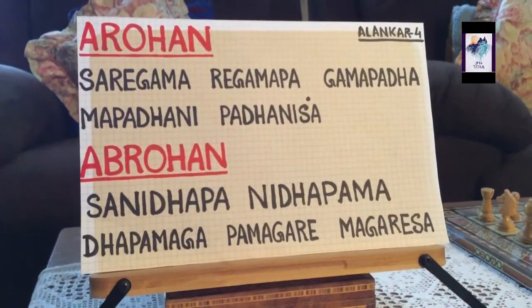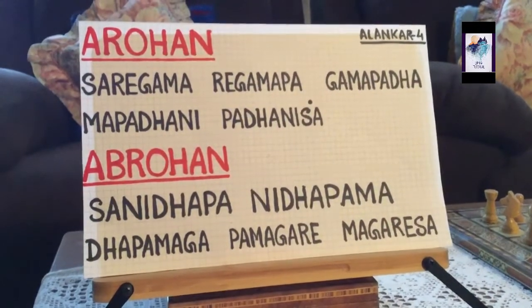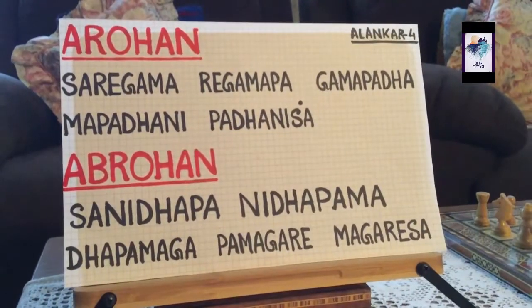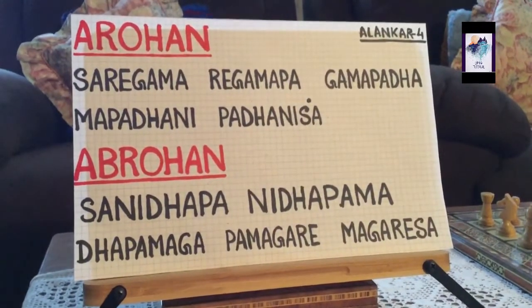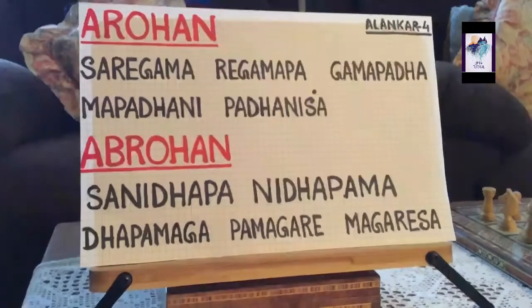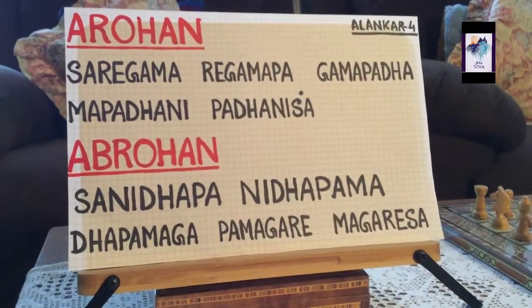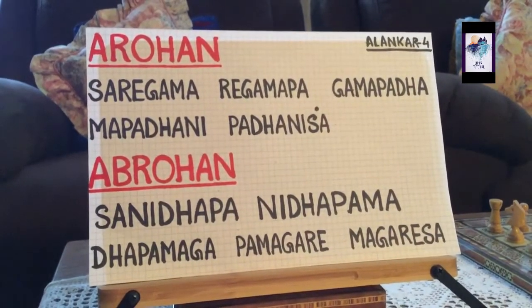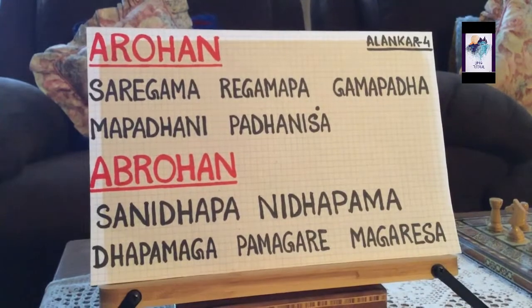What are the mistakes? Find out. Sa re ga ma, re ga ma pa dha ni sa. Sa ni dha pa, ni dha pa ma, ga re sa. Find out the mistakes. Two mistakes I have done for you to find out.